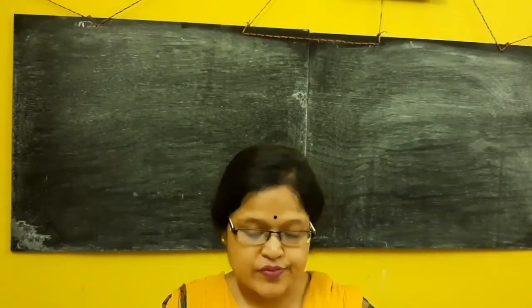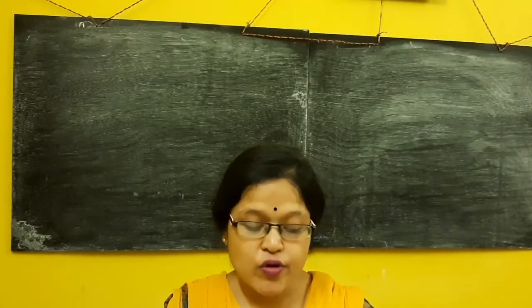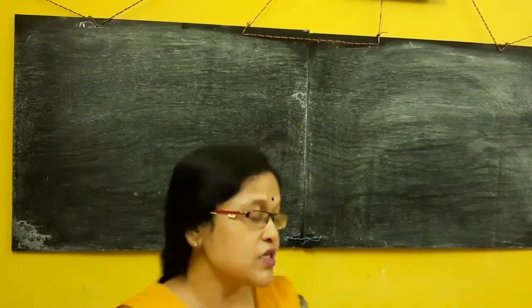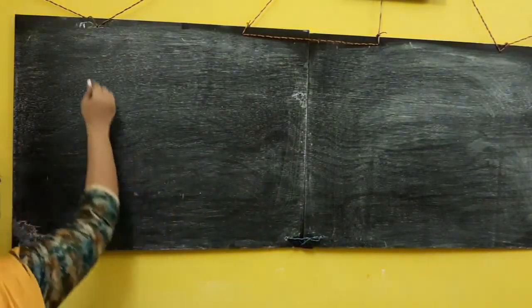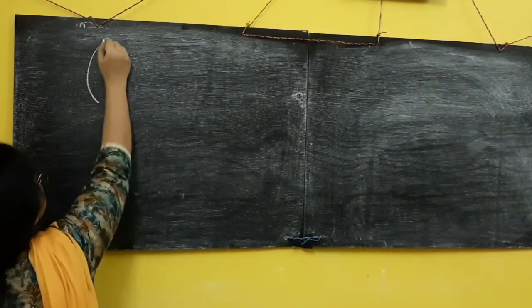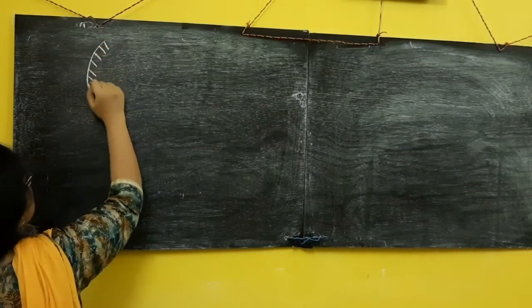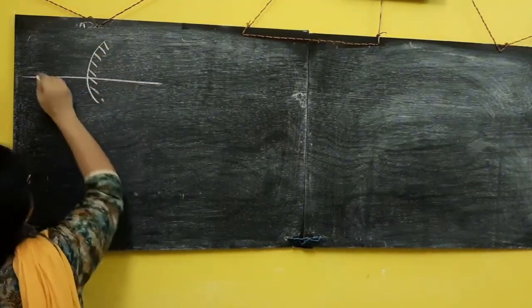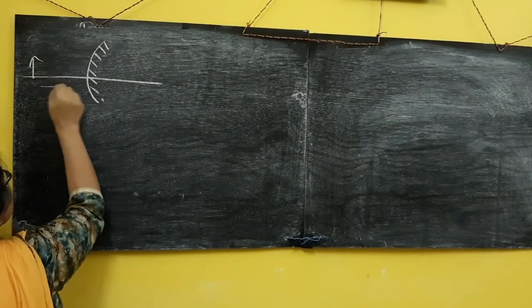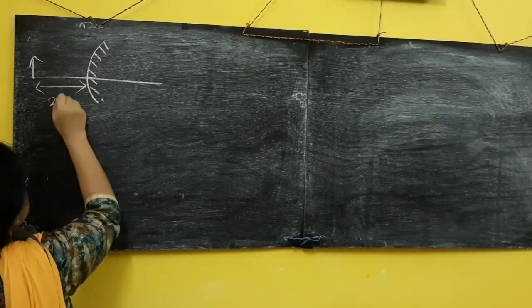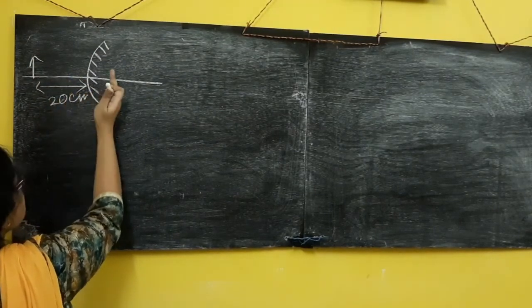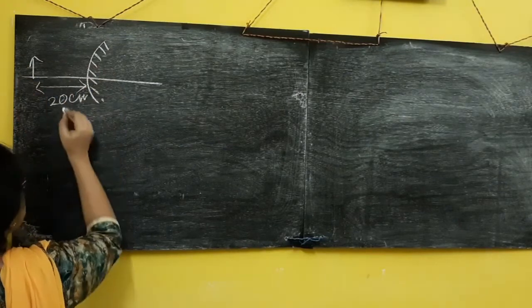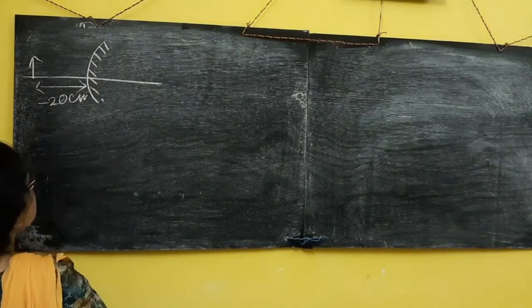Now how much diminished? See here, given u equal to 20 cm. This is your convex mirror. The object is placed, suppose, here. So this is the object distance, 20 cm. Since it is on the negative axis, it is minus 20 cm.